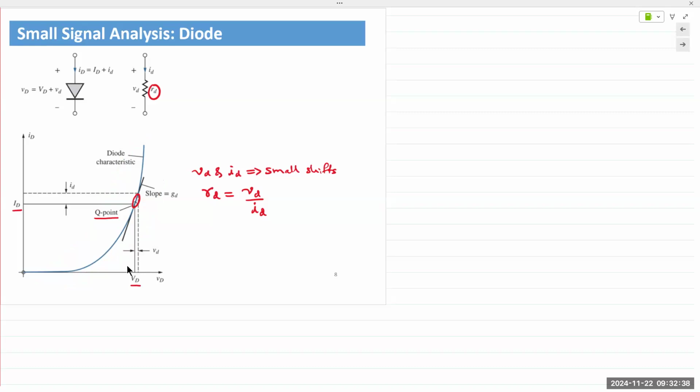Within that small slice, the current has a linear relationship with the voltage, so ID versus VD is linear. And if it's linear, we can apply Ohm's law and define the relationship between the current and the voltage by the diode resistance RD. Any small shift due to an applied AC signal, if it's small enough, we can define as the diode resistance RD, which is VD over ID.